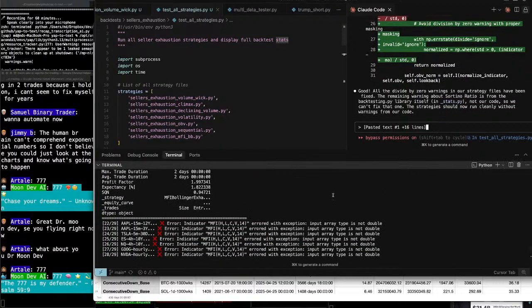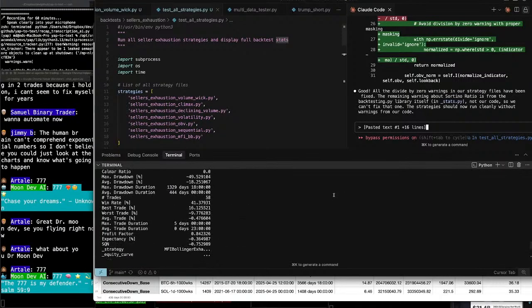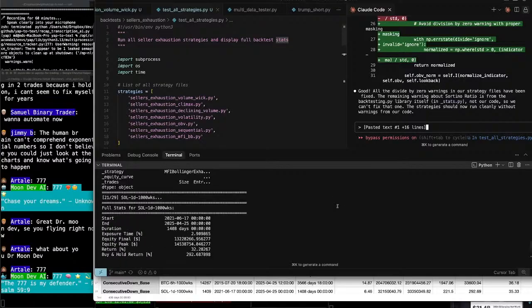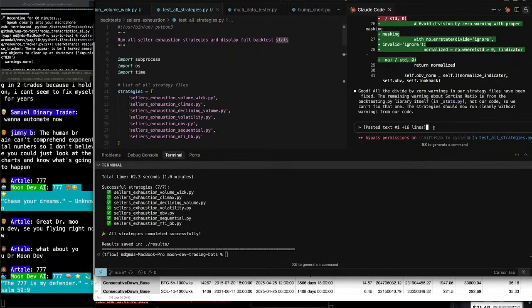Also, I just want the summary. I don't need the full backtest printed out for each one. That summary that you have here is super sick. Let's just have that print out. So essentially, for however many strategies I have, I'll print out the summaries when I hit the test all strategies.